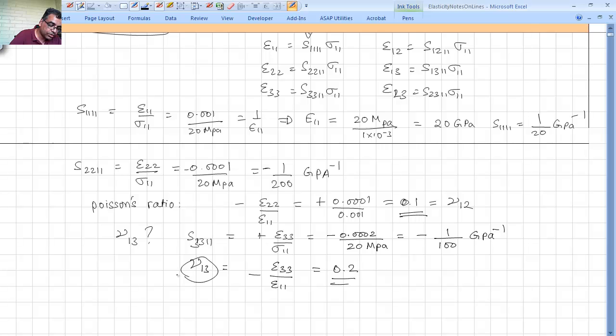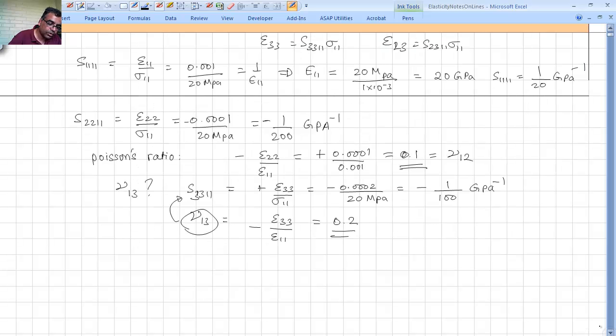Of course, if you know the Poisson's ratio, you can find this, because you can see by a very quick calculation, I should have been more careful, it is nu 31, apologies, so this should be nu 31, which is equal to negative S3311 times E11, and that will also turn out to be 0.2.